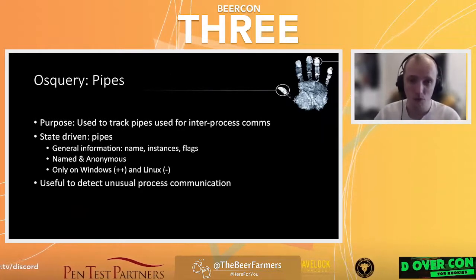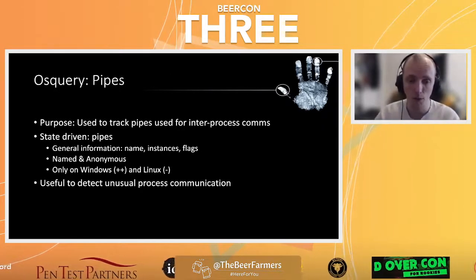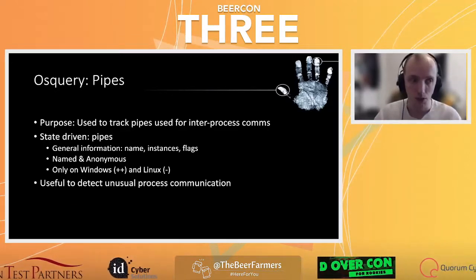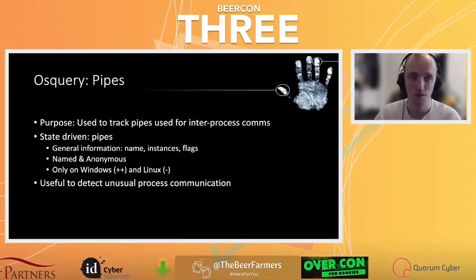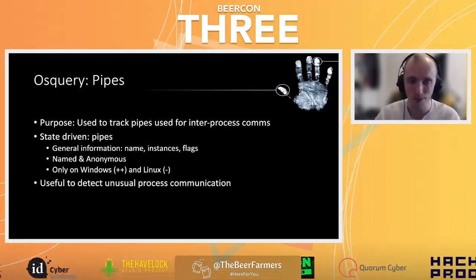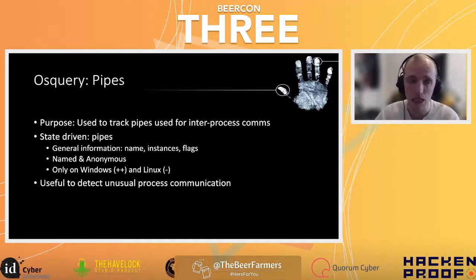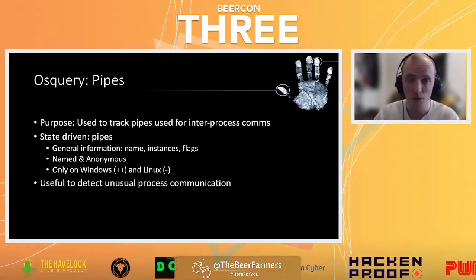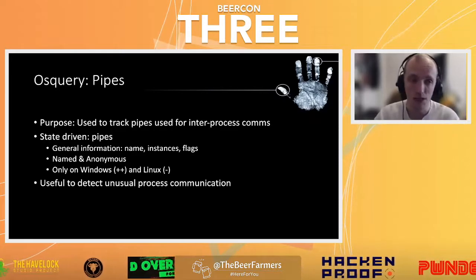Another small example of what OSquery can potentially show you is pipes. The purpose of this table is to track pipes that are used for inter-process communications. It's again a state-driven table called pipes.